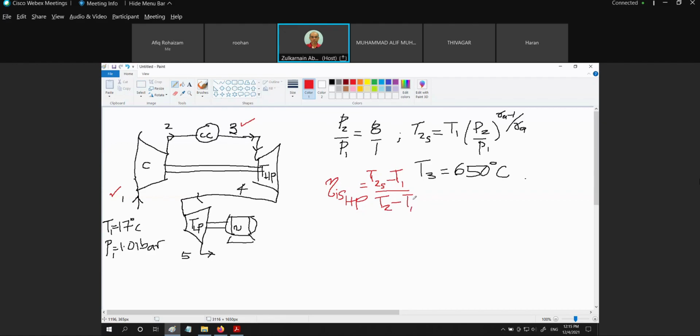Now, I want to ask you, can you write this equation without looking at the TS diagram? Any response? I ask the same question again. Can you write this equation without looking at your TS diagram?